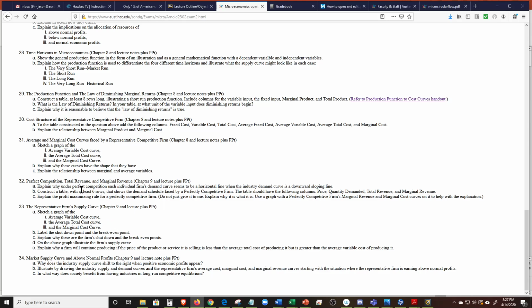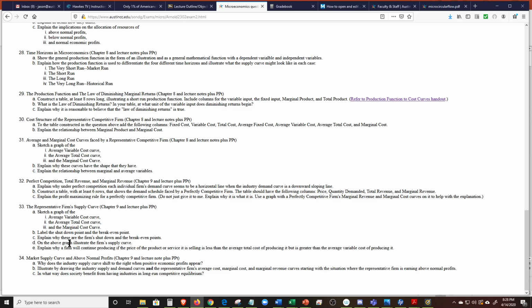And our idea of marginal revenue helps us see where the firm might produce to maximize profits or minimize losses. We need to explain why these are the firm's shutdown and break-even points. Basically the explanation is they will either maximize profits or minimize the firm's losses.